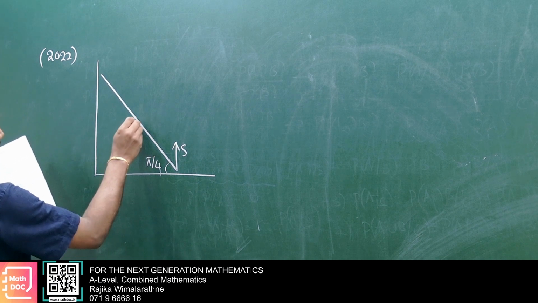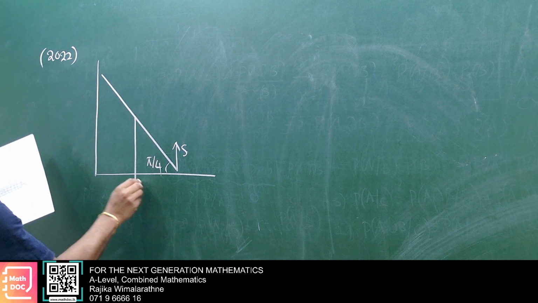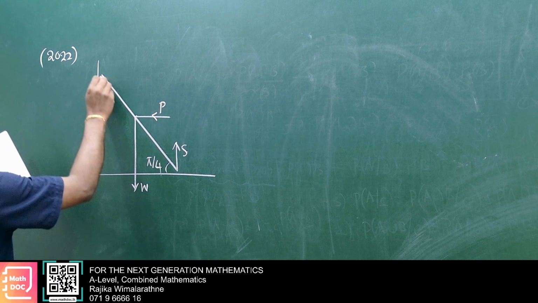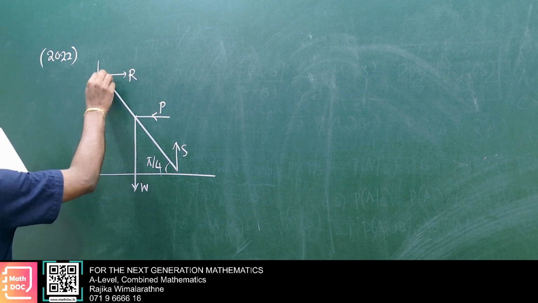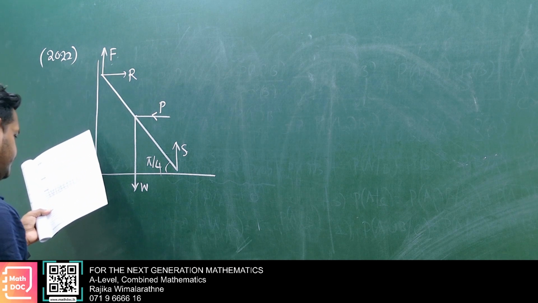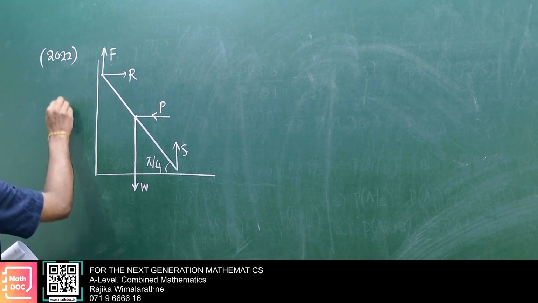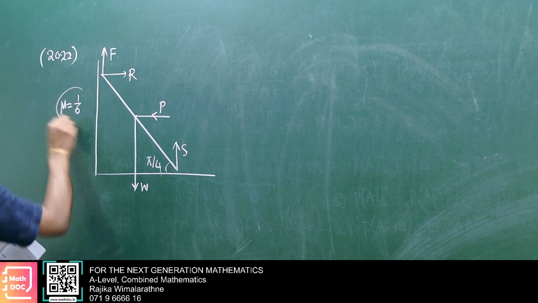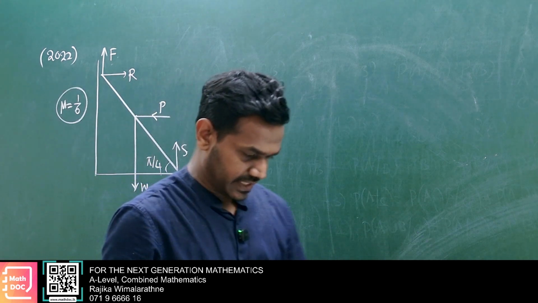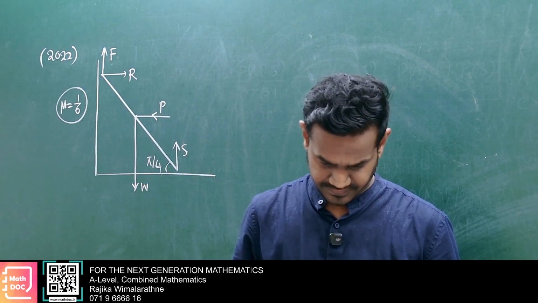Here at the midpoint weight W and force P given. And here R, reaction, friction upward F. Then mu given 1/6. Then this is also very simple question, part A type question.